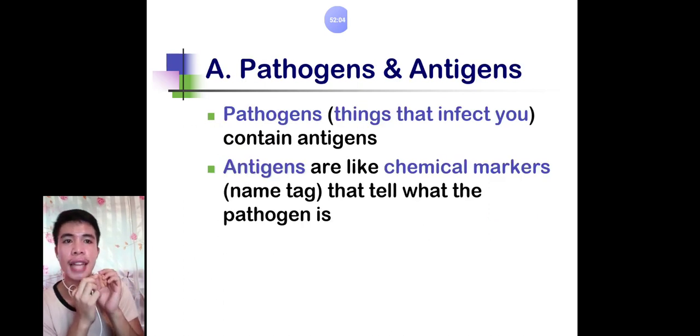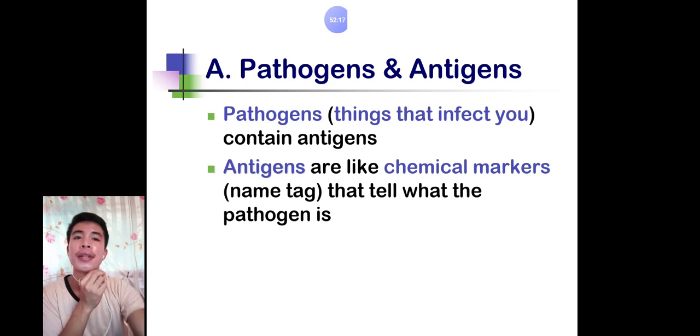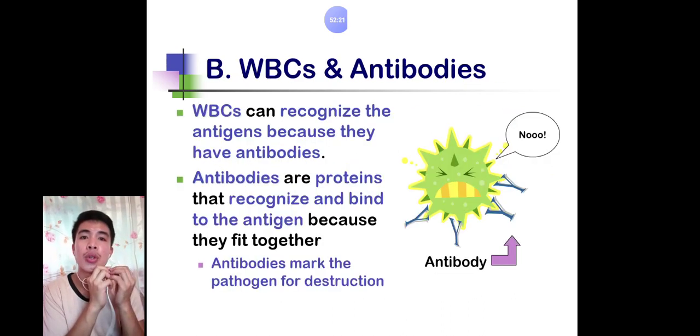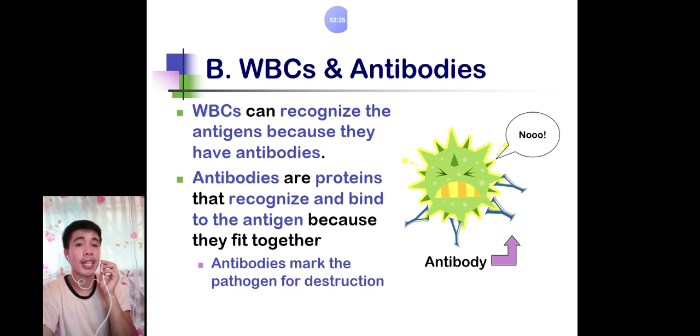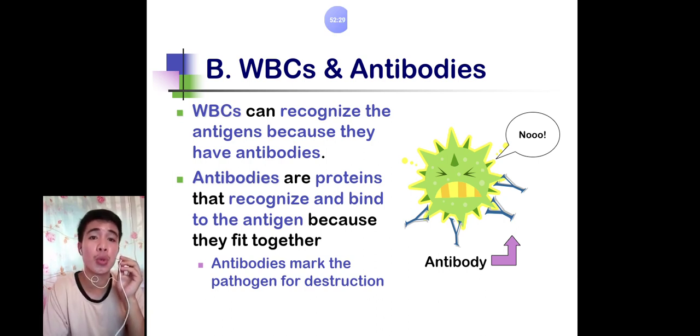Pathogens or the antigens. Pathogens are things that infect you and contain antigens. Antigens are like chemical markers that tell what the pathogen is. We will explain that further. The white blood cells can recognize the antigens because they have antibodies. So what are antibodies? Antibodies are produced by our immune system to fight antigens.